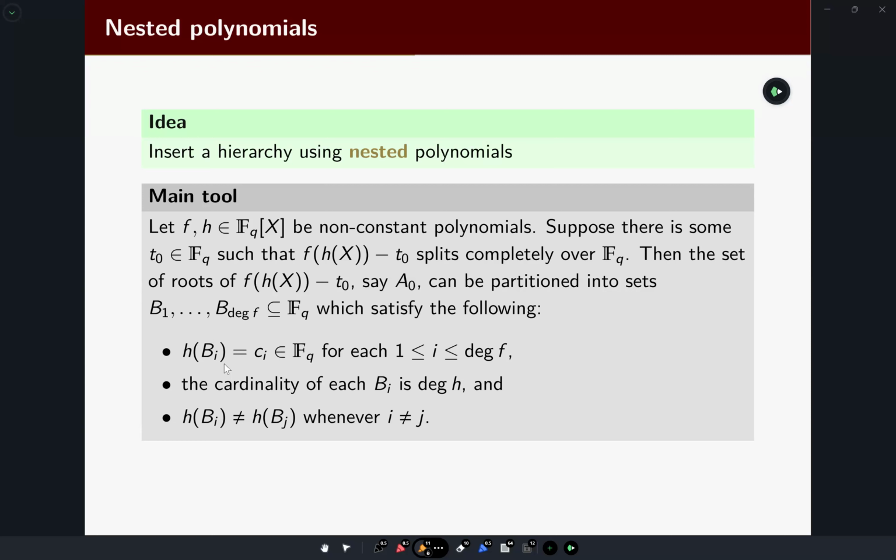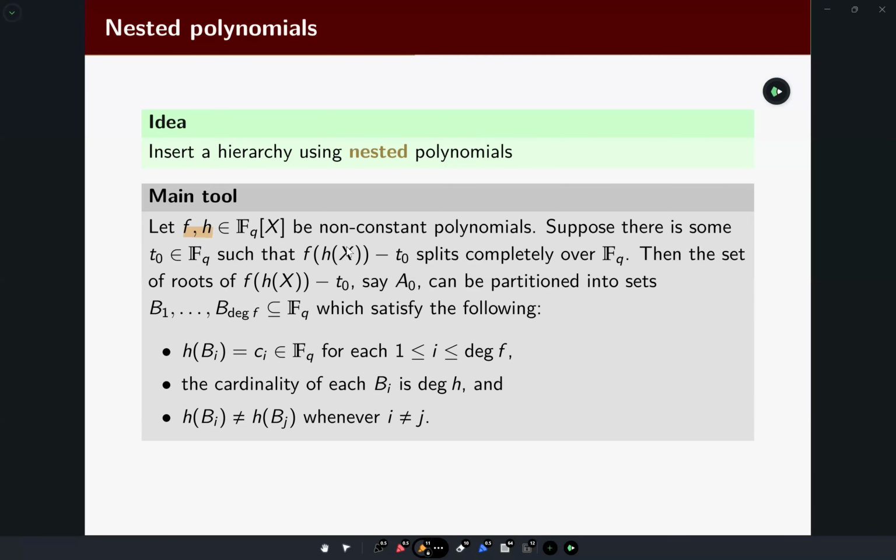We thought: what happens if, instead of using just one polynomial, and just the splitting field of one polynomial, we use nested polynomials? What happens if we study the splitting property of the composition, for example, of f and h?